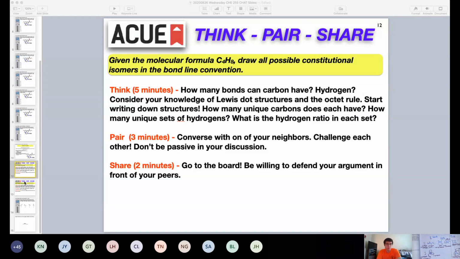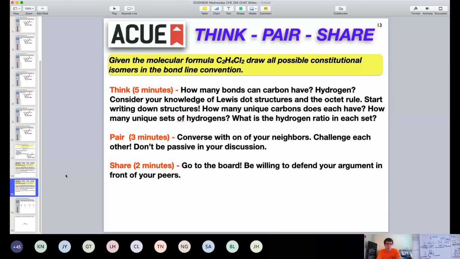This one is right from your book. So we're back to the slide deck here. If you're given a molecular formula, C2H4Cl2, how many constitutional isomers can you propose?